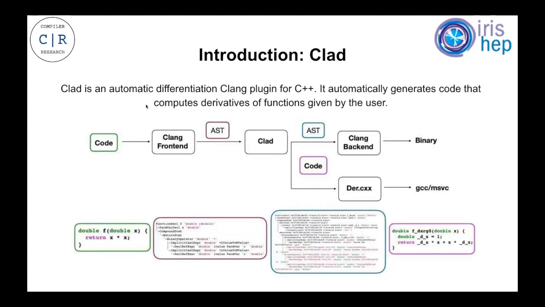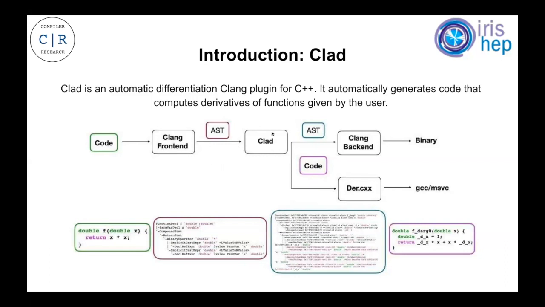Okay, so now a bit on what CLAD is. CLAD is a tool that is used for automatic differentiation in C++, and it's implemented as a Clang plugin. Clang is a C++ compiler.